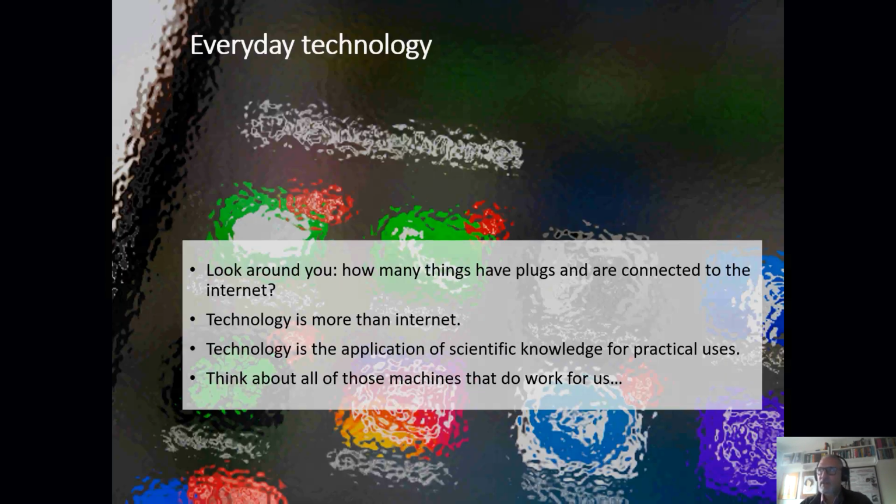So you might have heard of the so-called Internet of Things. If you look around you, how many things have got plugs on them, how many things are connected to the internet, and particularly if you bought appliances recently over the last few years, you may find that not only do you get the appliance, but you also get an app, and you can control this thing from your smartphone.